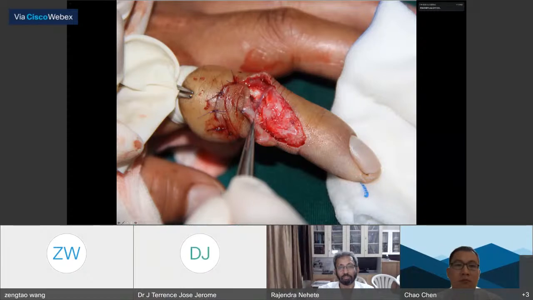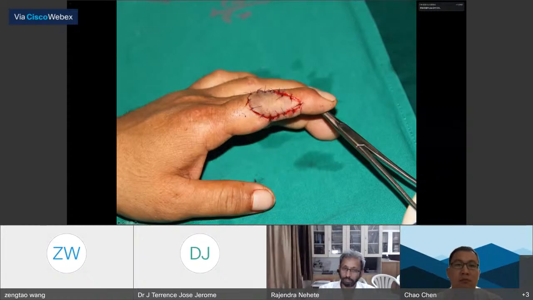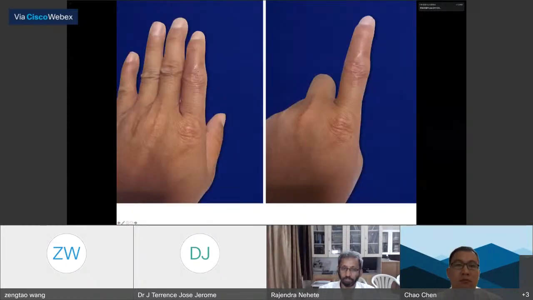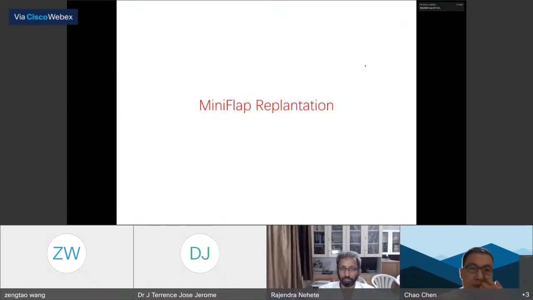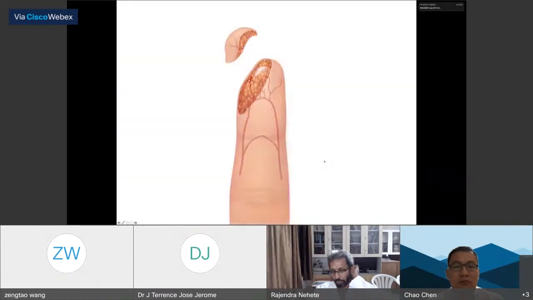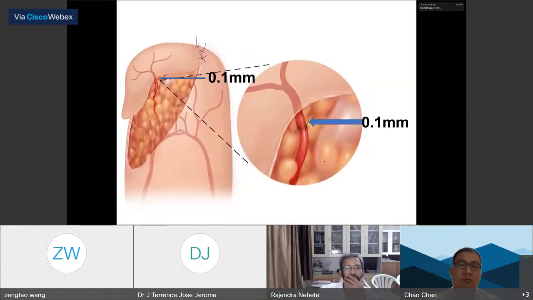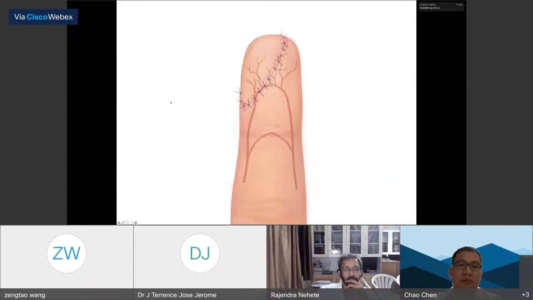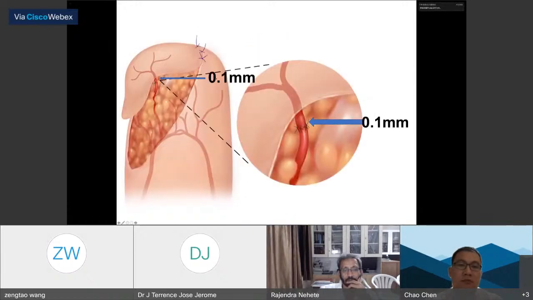Several flaps, one year postoperative. A mini flap replantation. It's just a little mini flap, a little skin replantation. Just can find one artery, 0.1 millimeter.